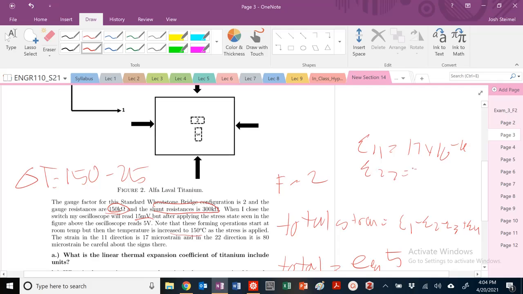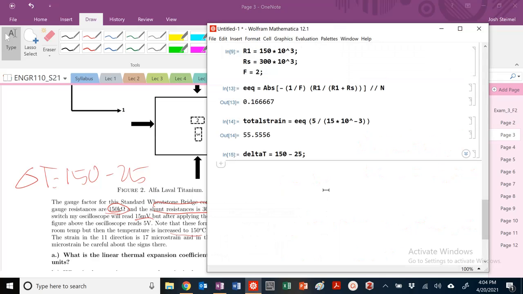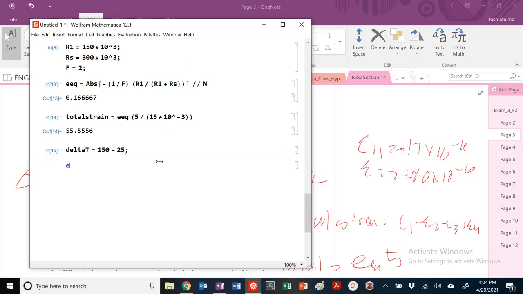My strain in the 2,2 is equal to 80 times 10 to the minus 6. But this strain in the 1,1 is going to be negative because I'm compressing, and the 2,2 is also going to be negative because I'm compressing that material. We'll look at those values. So my strain in the 1,1 equals 17 times 10 to the minus 6, and my strain in the 2,2 is equal to minus 80 times 10 to the minus 6.